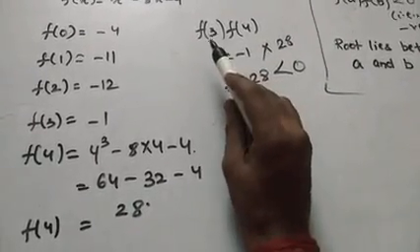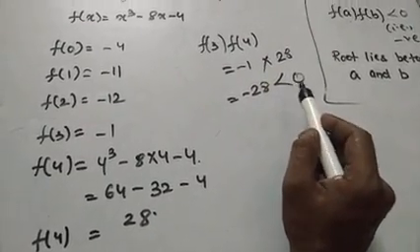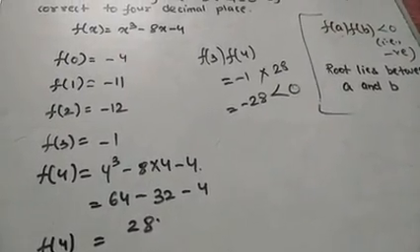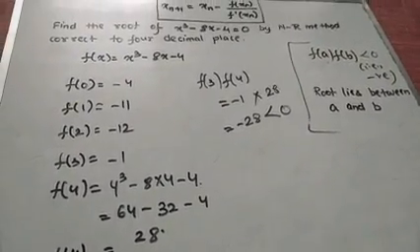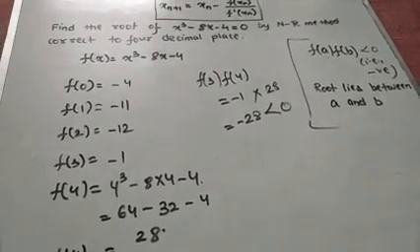So for f(3) into f(4), the value is less than 0. That means the root lies between 3 and 4. It's clear how we find the interval where the root lies.